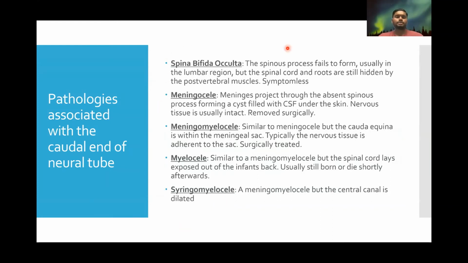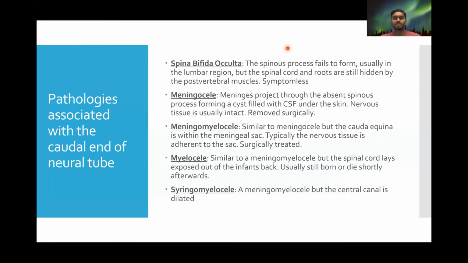So what will happen in this process, in spina bifida occulta, is that the nervous system is completely intact. There's no pathologies, nothing wrong with it. And in fact, it's actually covered by the postvertebral muscles. The only issue here is that the vertebral arches didn't form properly. So what will happen in this case is there's really no visual symptoms.